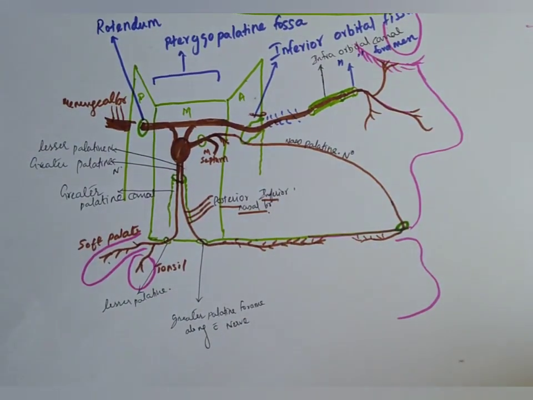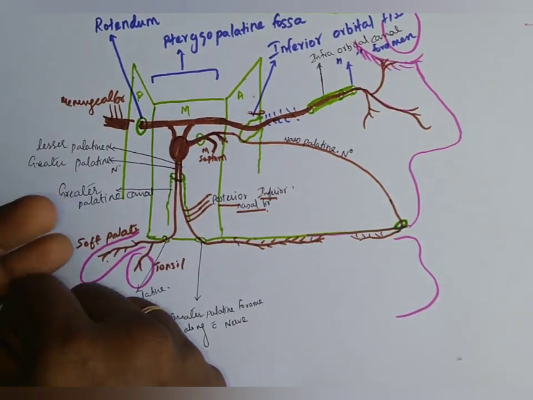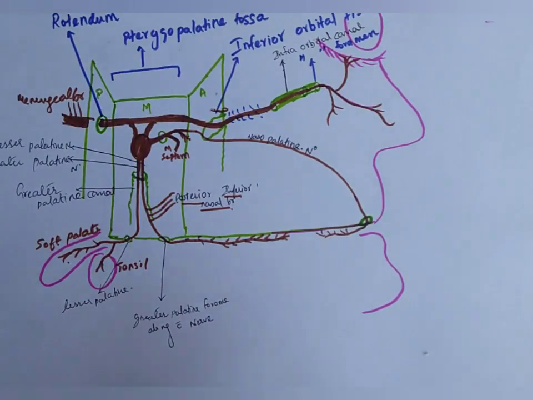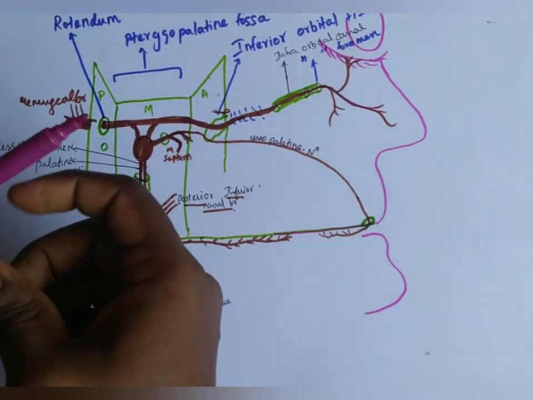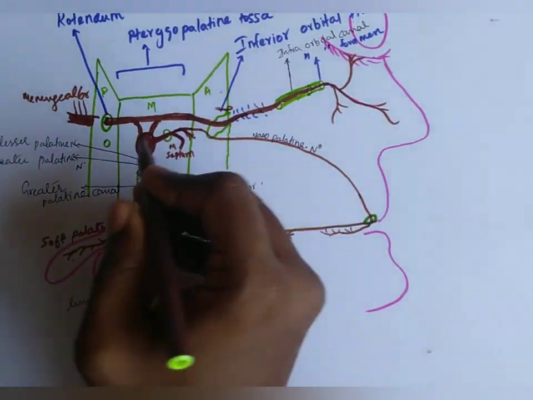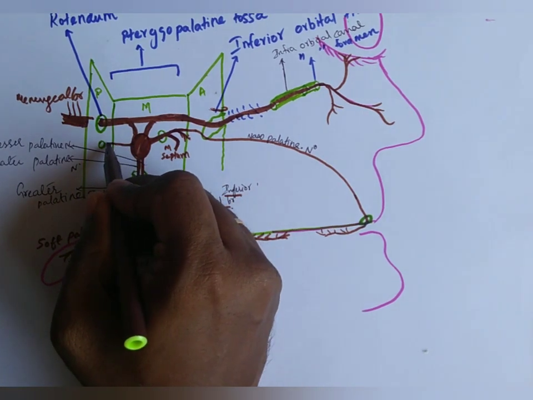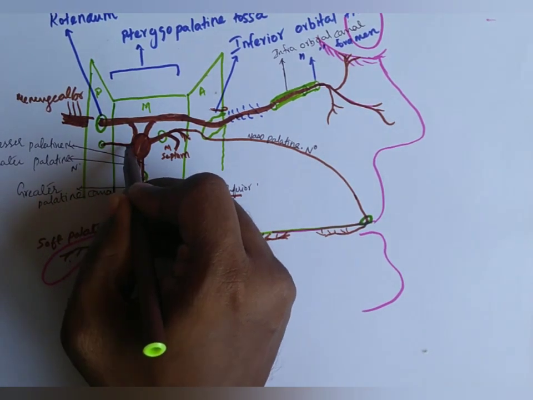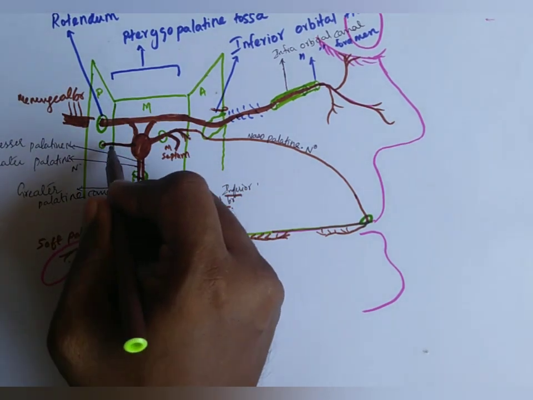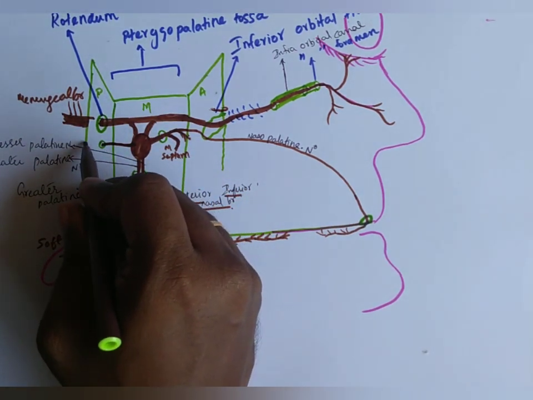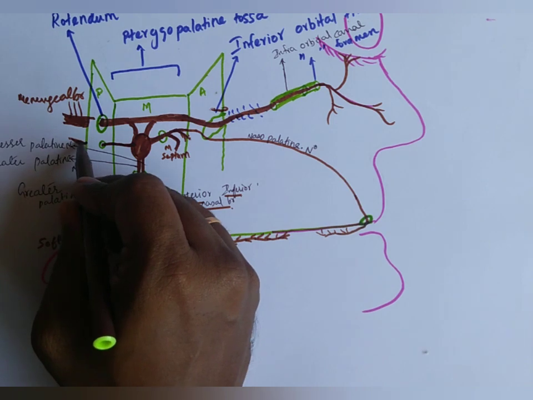Okay. So these are some of the branches, and there are branches that supply the nasopharynx. These branches emerge from the posterior aspect and pass through a canal present on the posterior wall to supply the nasopharynx.